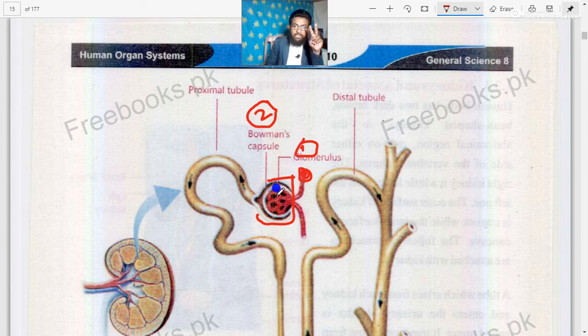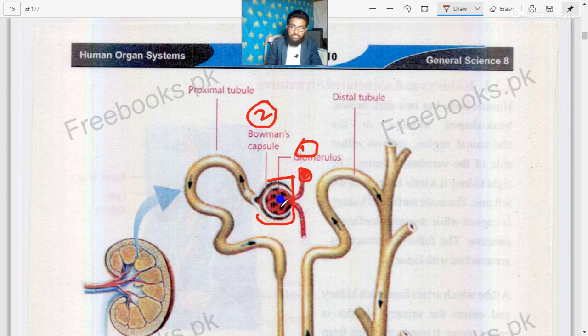Dear cadets, now we look at what is glomerulus. Here we can see a tuft, a cluster, a network of capillaries. These are smaller blood vessels forming a cluster, a network. So this is known as glomerulus.